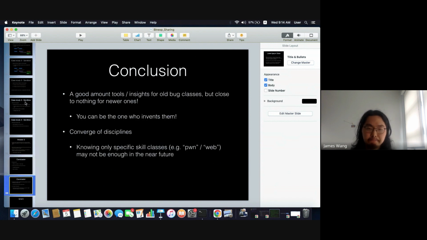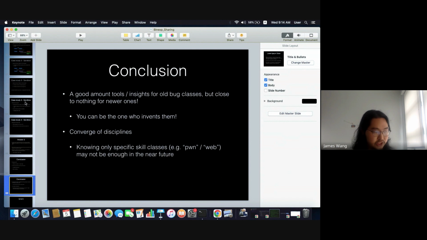Okay, and another thing we can think about is, since there's a paradigm shift and the kinds of bugs are changing, what can we do to adapt to this new environment? The answer for me is actually a lot. For example, we have all kinds of fuzzers and symbolic execution tools that are supposed to find memory corruption bugs.